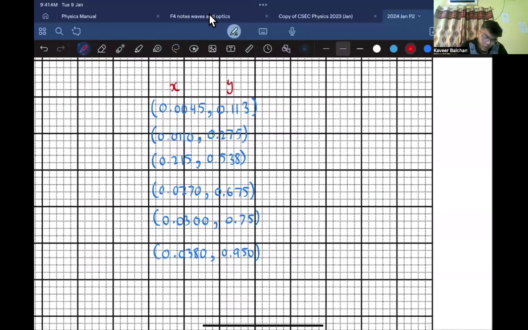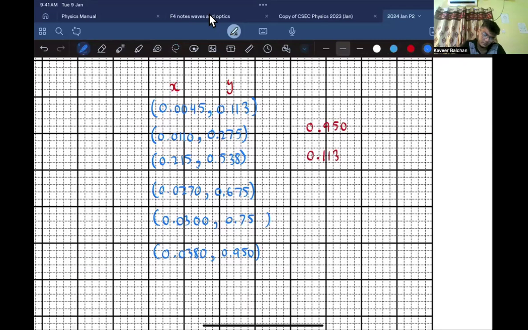Biggest value on the y-axis is 0.950. So whatever scale we use, it must cover that maximum value. And what's the smallest value for y? 0.113.